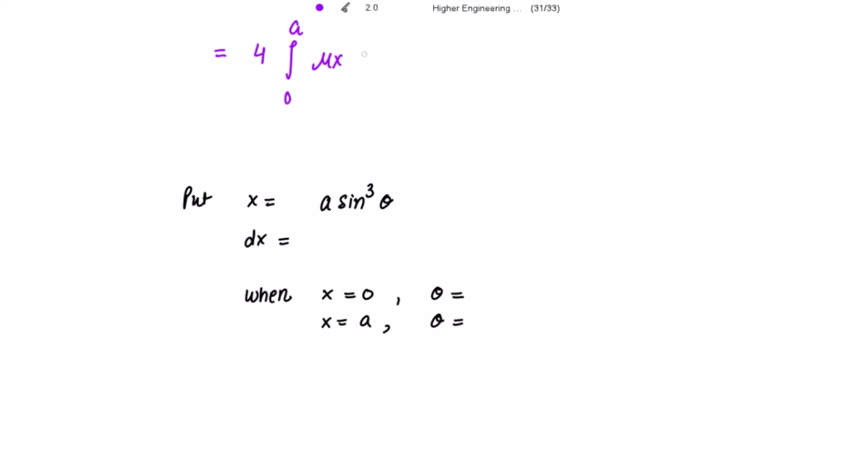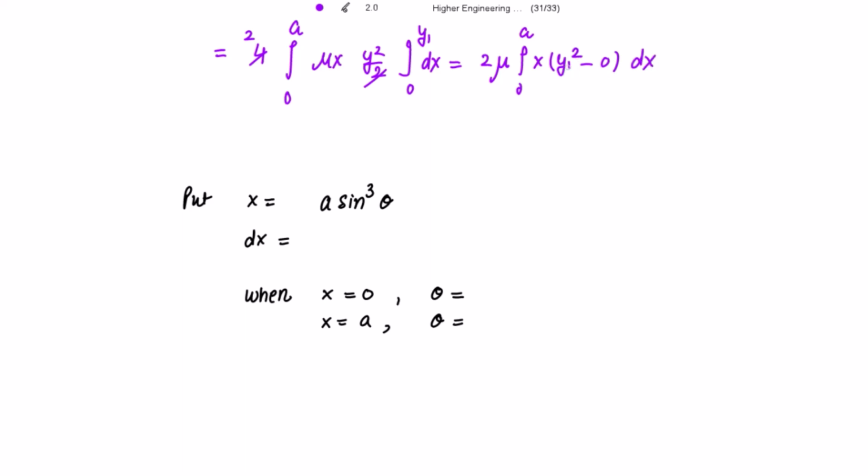Integration of y is y square over 2 from 0 to y1. Cancelling this 2, this is 2 mu times the integral from 0 to a of x. Putting the upper limit, this is y1 square minus 0, dx.